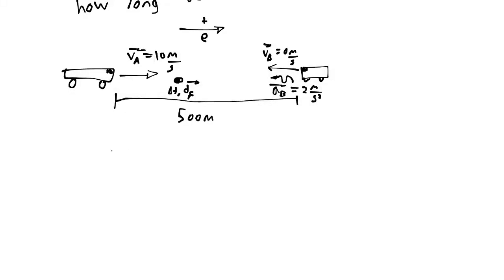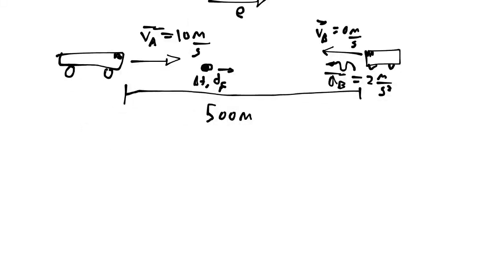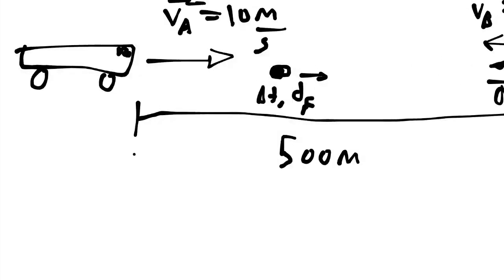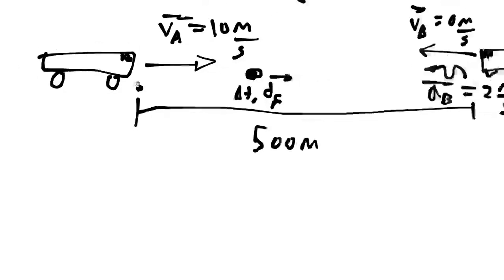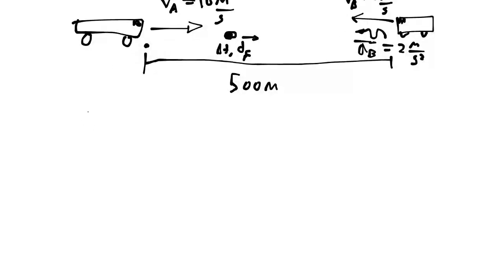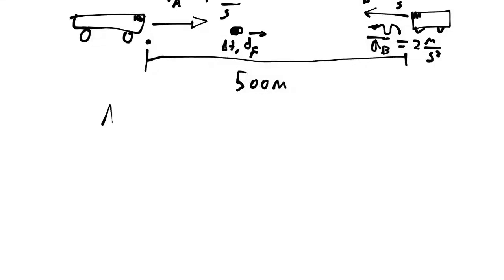So let's do car A first. Car A's displacement, we'll set the origin to right here, right where car A starts. So car A's displacement is going to be whatever d final is over here. Displacement equals d final, right?